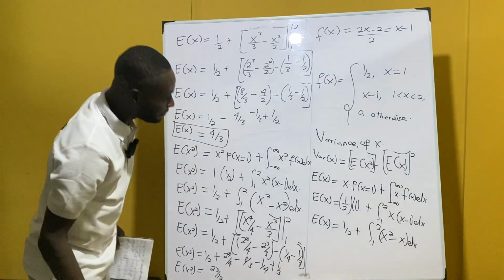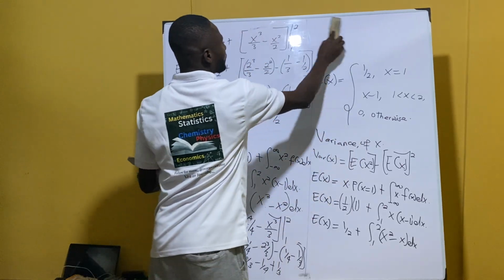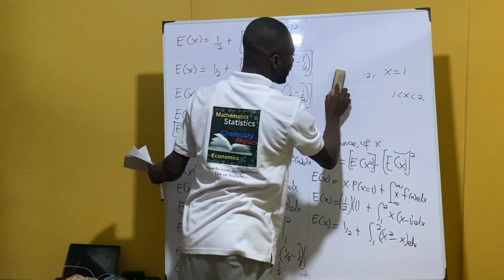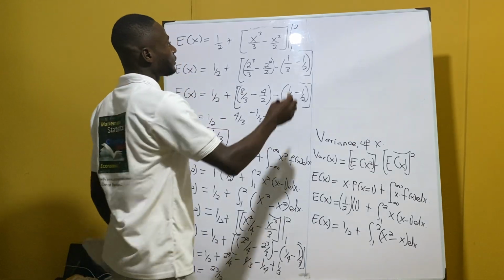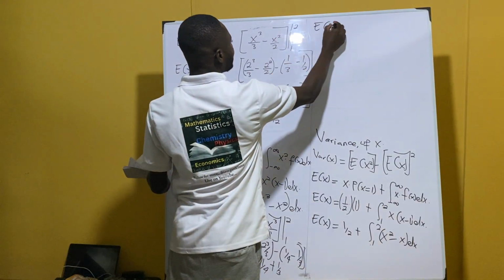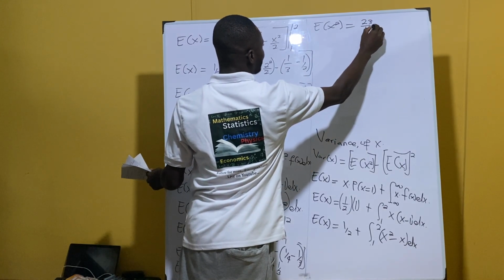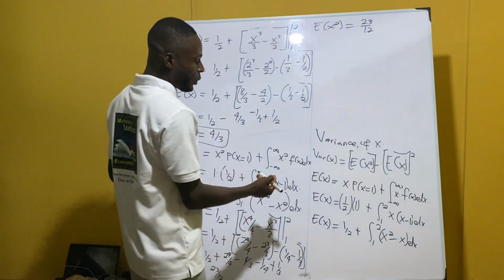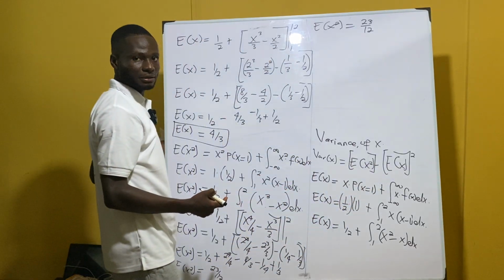Once we have been able to find the expectation of x squared, which is 23 over 12, we can go ahead and use the formula for variance, right?